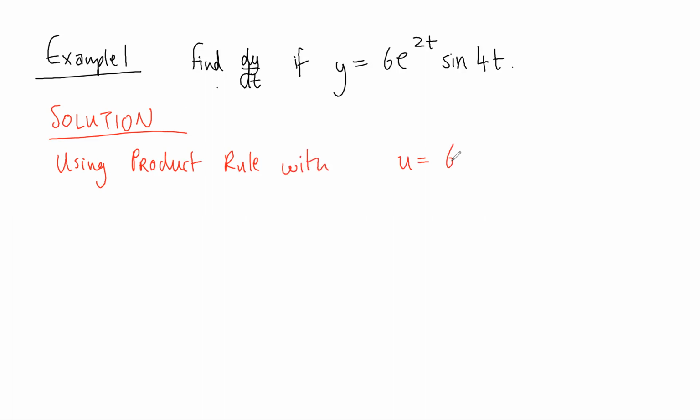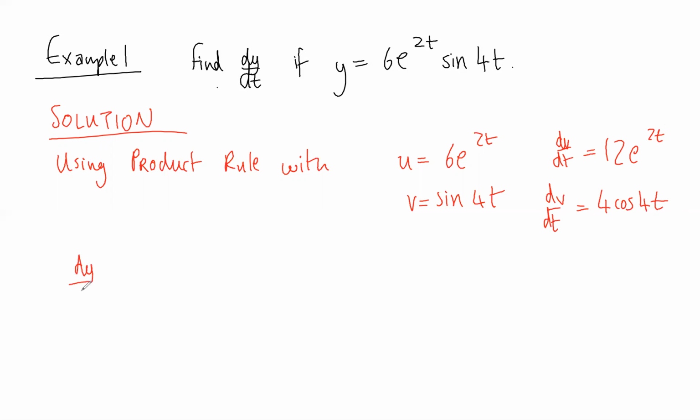So u equals 6e to the 2t and v equals sine 4t. So du by dt is 12e to the 2t, and dv by dt is 4 cosine 4t.